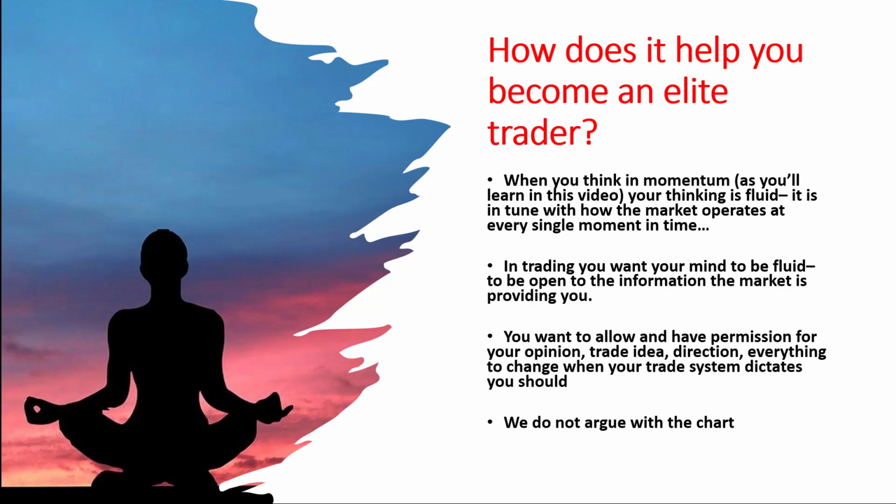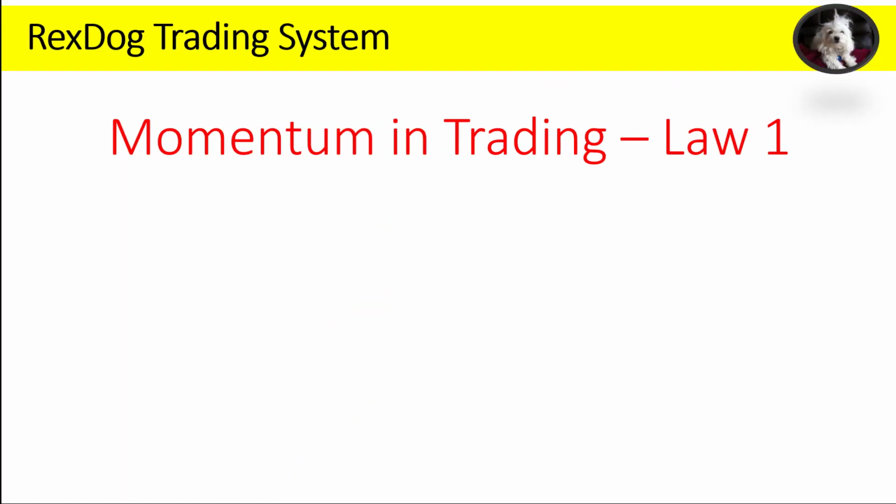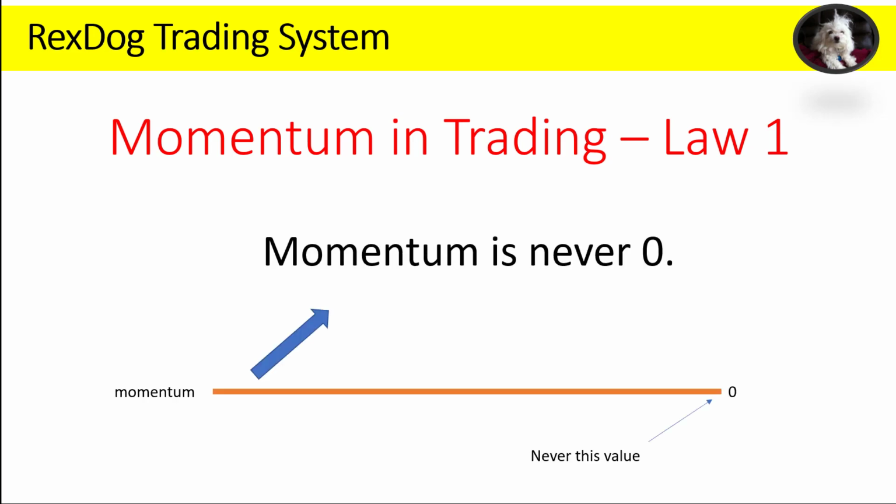So there are laws in momentum, and the first law, momentum in trading, law number 1: momentum is never zero. It is never zero. I will allow an exception, or the law does allow an exception, for when a particular market is closed. Let's say the equities market, or maybe the futures market on the weekend.